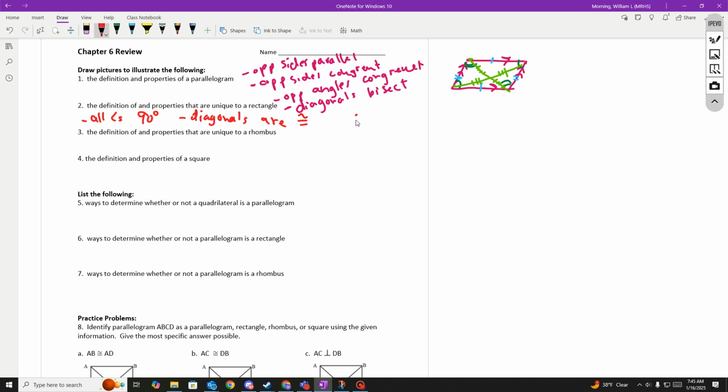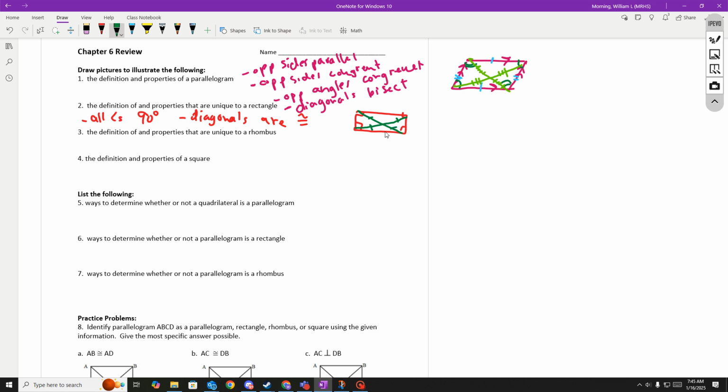So you have all of the properties that we have from the parallelogram, but you also have all of these angles 90 degrees, and your diagonals are congruent. But remember, they're still bisected, so all of these end up being exactly the same.